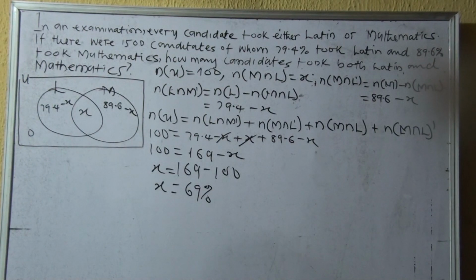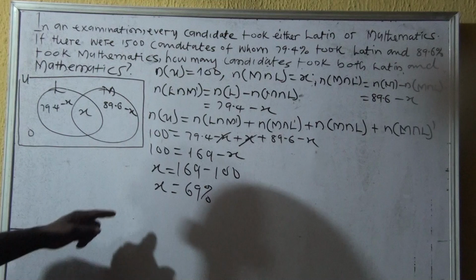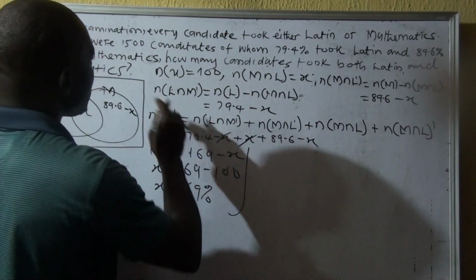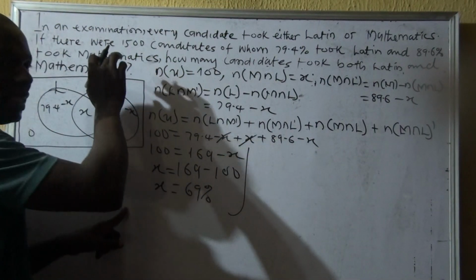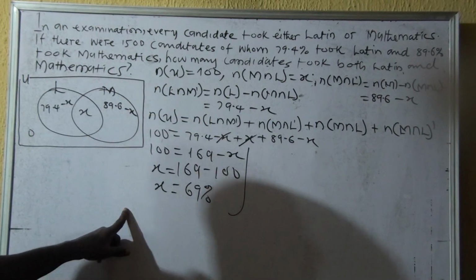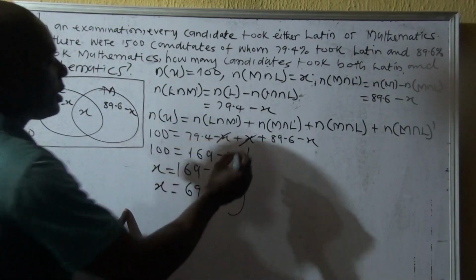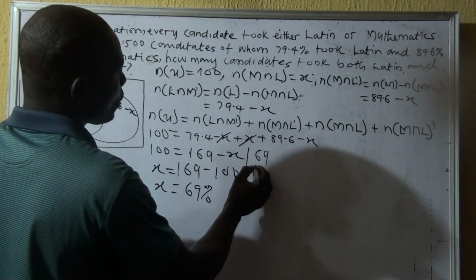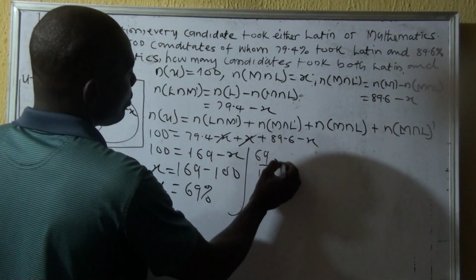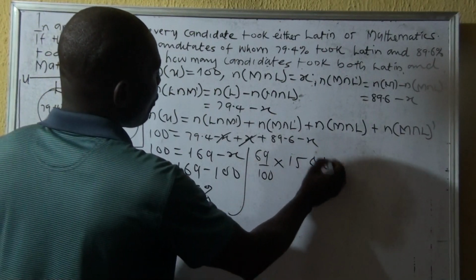Okay, now with this we can confidently calculate the number of those who sat for both subjects by looking at 69% of the total number of candidates that were available for the exam. So here this is 69 over 100 multiplied by 1,500.